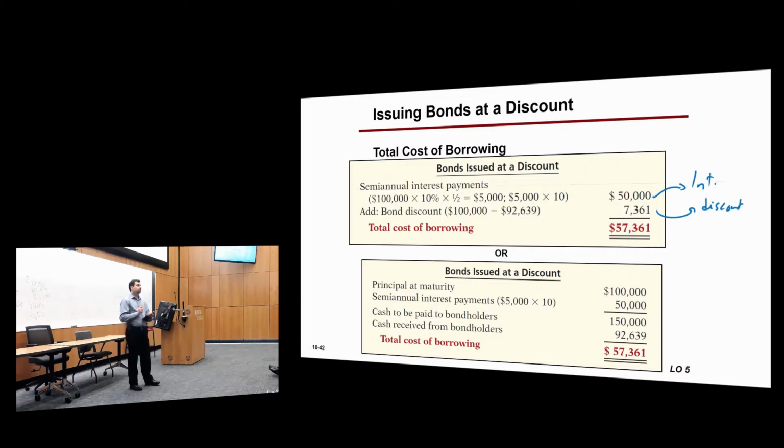The cost, if it were at face value, the company will get $100,000 when they issue the bonds, and because it's 5 years, the payment is semi-annual. It's 5,000, that will make it 50,000 in interest. So the cost of borrowing would be 50,000, because 5 years later the company will have to return the 100,000. So they got 100,000.